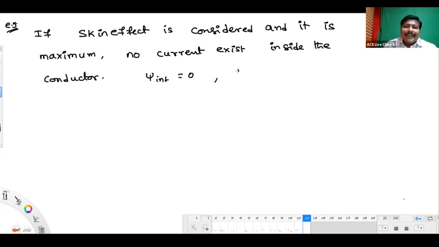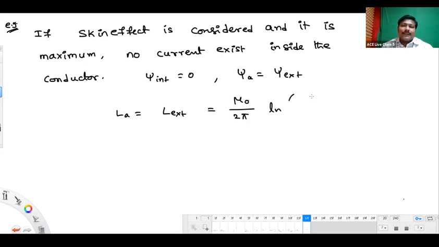Then what about psi A? It will be only external. Then what is LA? That will be only external, so it will come to be mu naught by 2 pi ln of D by r1, in terms of Henry by meter.